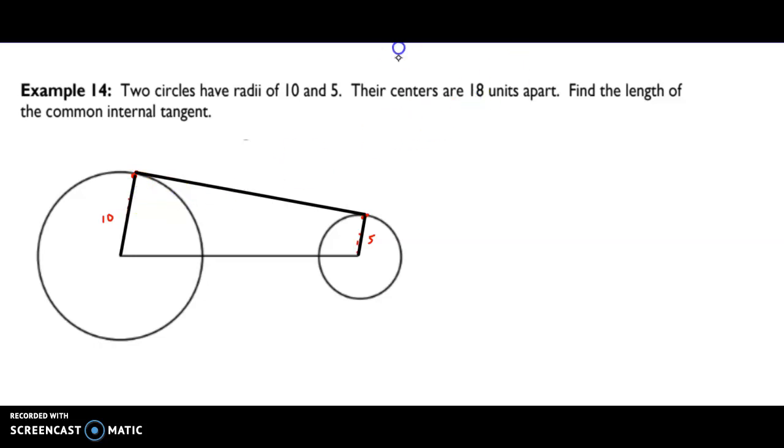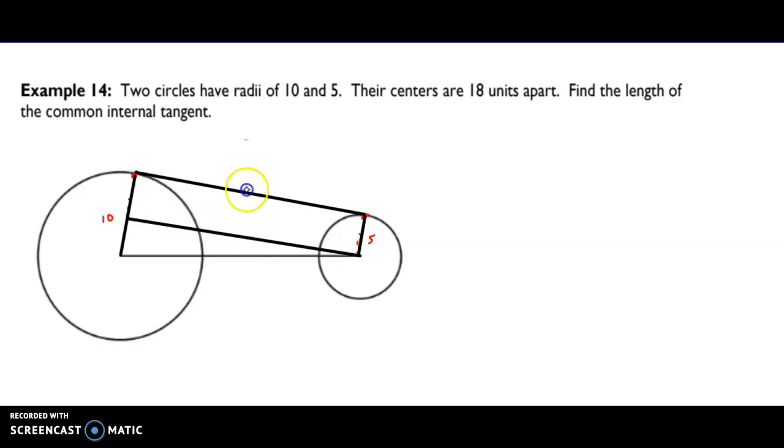And then just like in the notes, that first step was from the center of the smaller circle, you're going to draw a segment that's parallel to the tangent. So something like this, it's parallel to this. This new one that I just drew in is the internal tangent line.